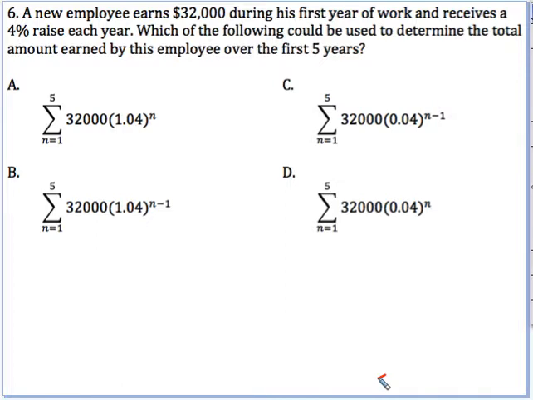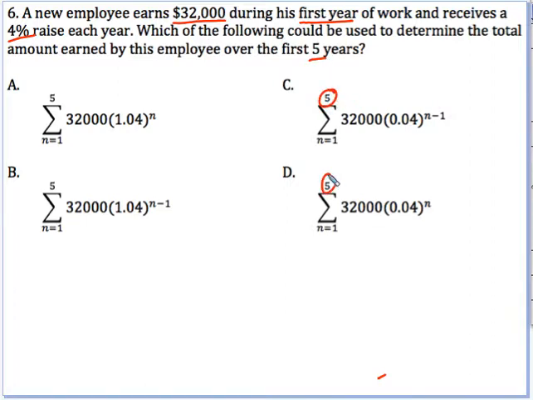So a couple things we need to know. His salary, and this is his first year. We need to know how much he gets in a raise each year, and we need to know how many years we are adding together. Okay, so we're adding 5 years together, so the 5 should be up top.